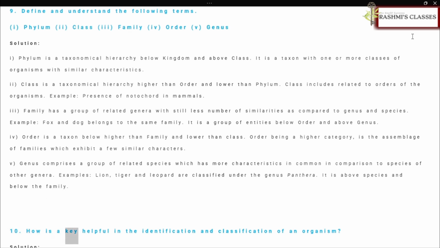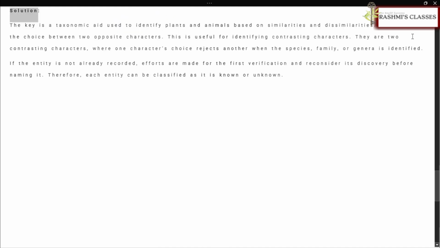10. How is a key helpful in the identification and classification of an organism? Solution. The key is a taxonomic aid used to identify plants and animals based on similarities and dissimilarities. It represents the choice between two opposite characters.